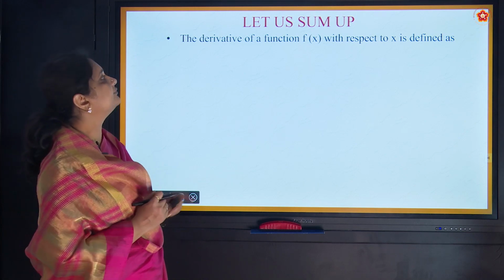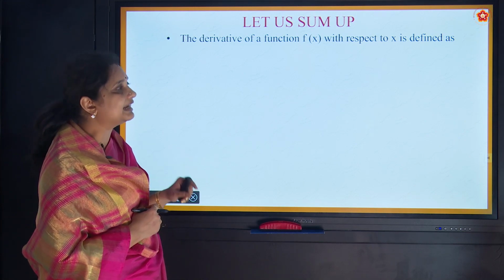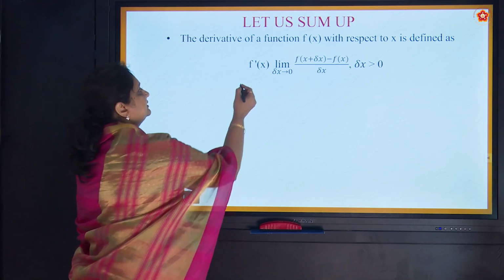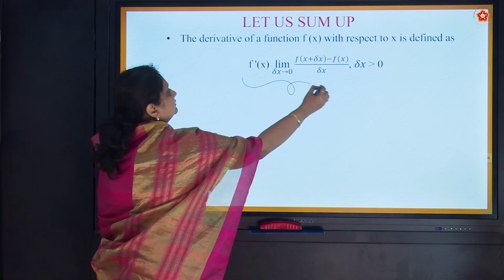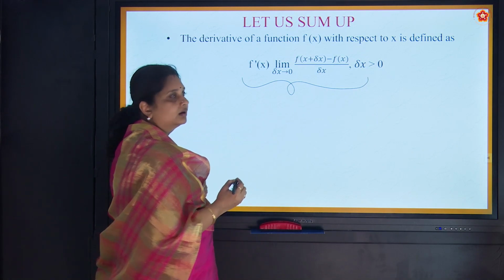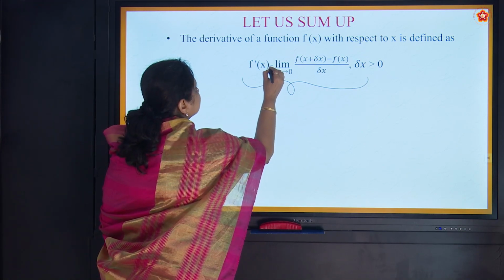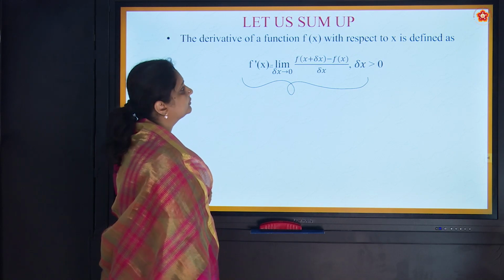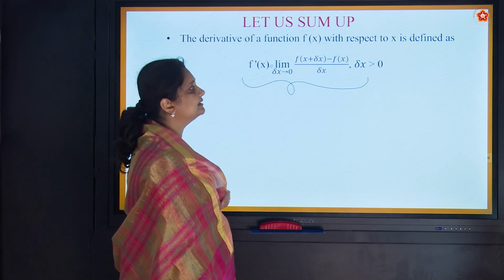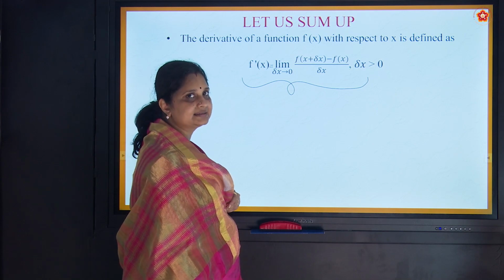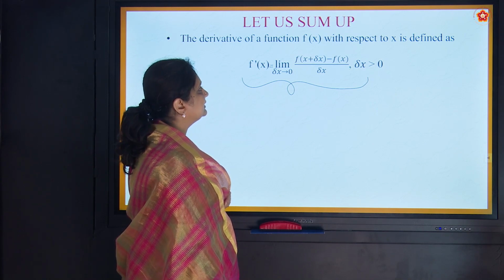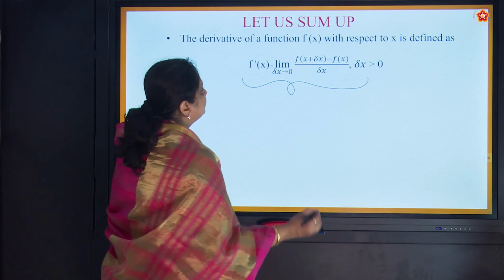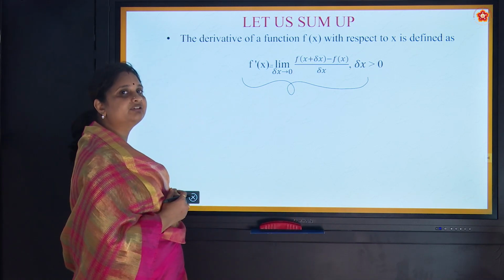The derivative of a function f of x with respect to x is defined as this. f dash of x is equal to limit del x tends to 0, f of x plus del x minus f of x by del x, wherein del x is greater than 0. This is called our first principle.